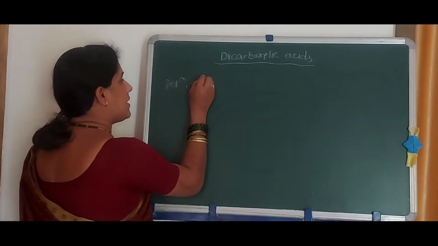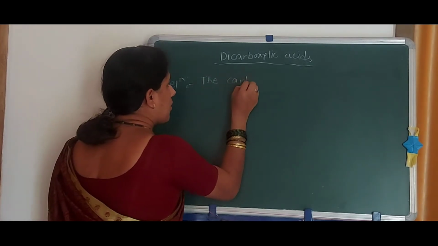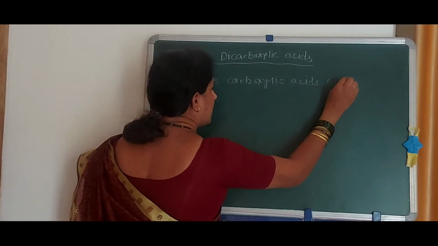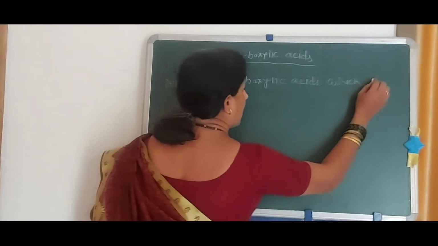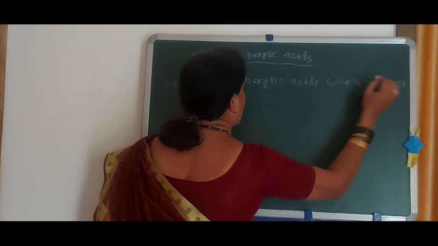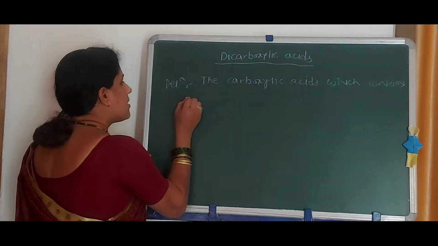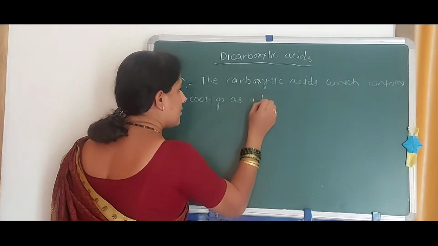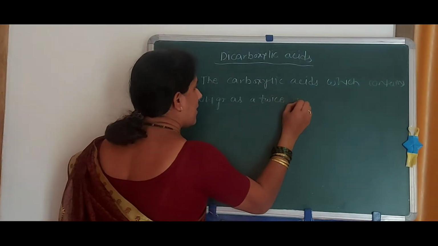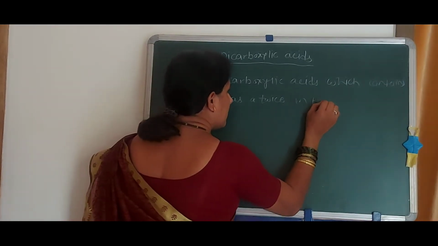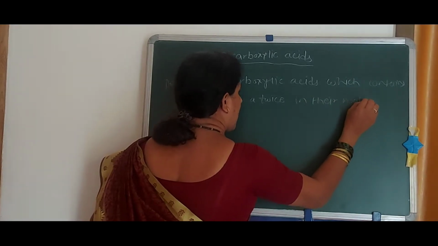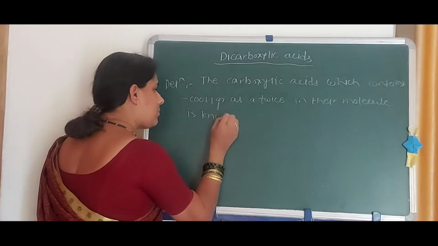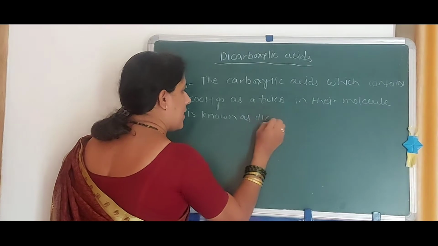The carboxylic acids which contain the COOH group twice in their molecule are known as dicarboxylic acids.